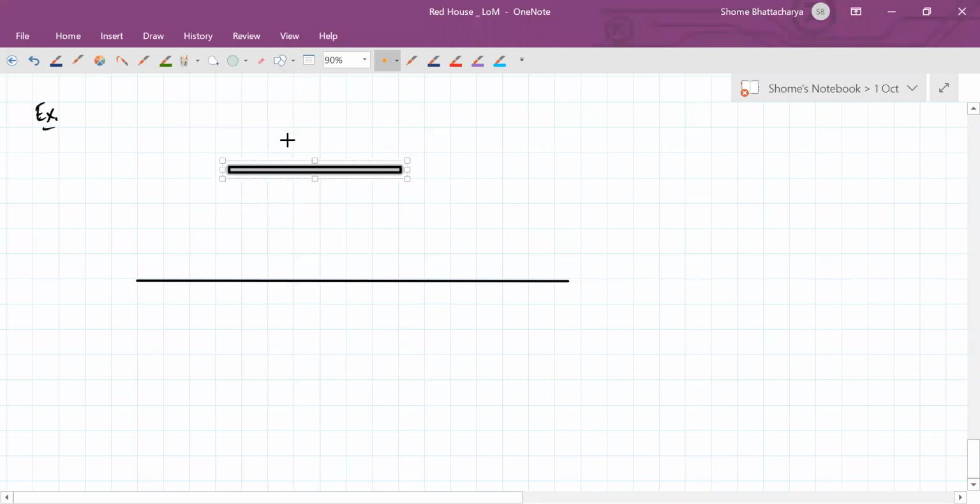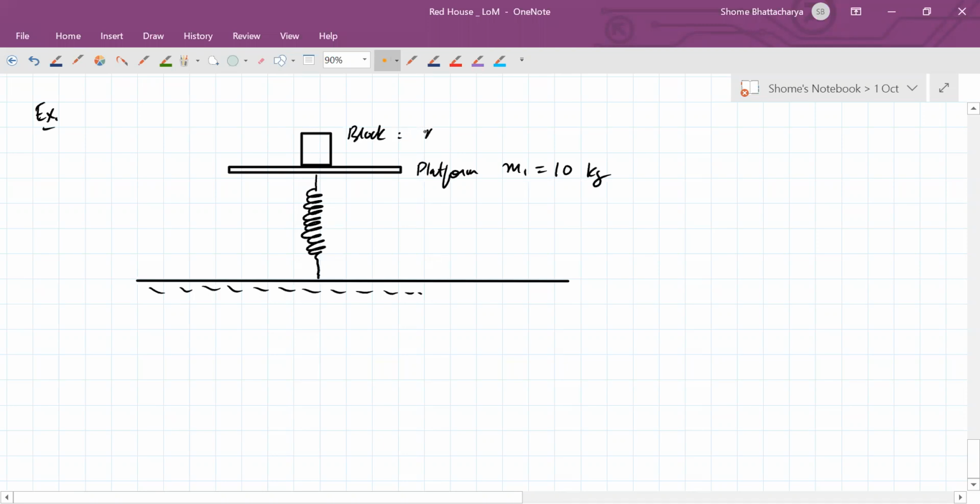There's a thin platform, and on top of that we have a block sitting. This platform has a mass m1 of, let us say, 10 kilograms, and this block has a mass m2 of, let us say, 15 kg, and this is a spring which has a spring constant of 100 newton per centimeter.